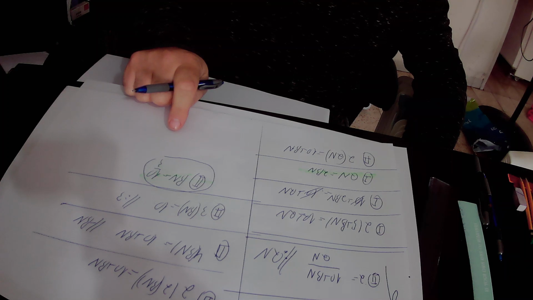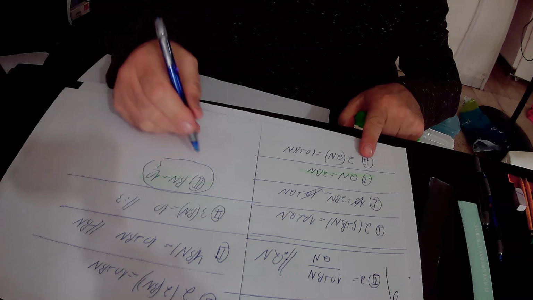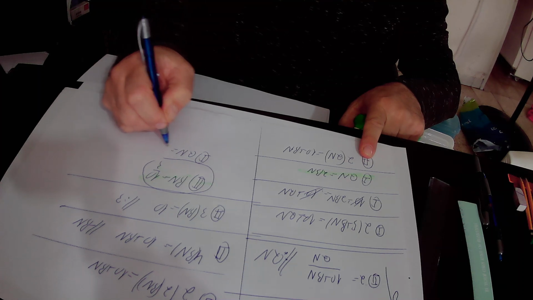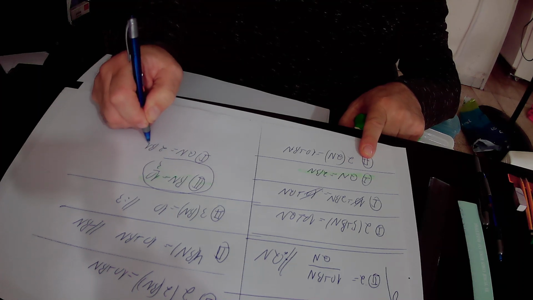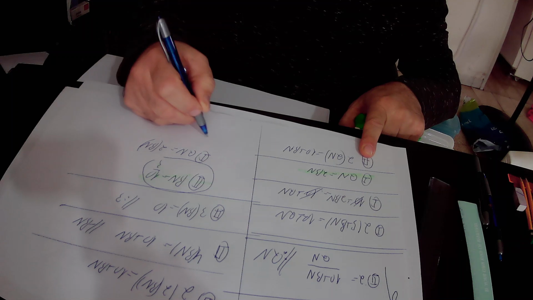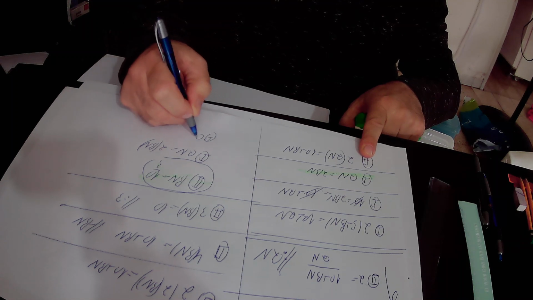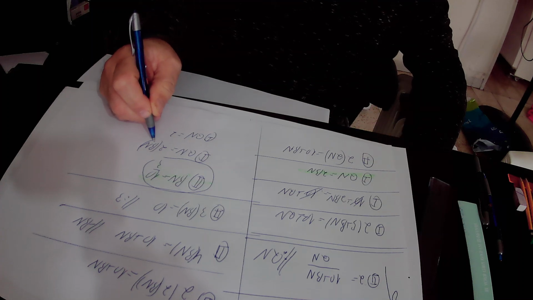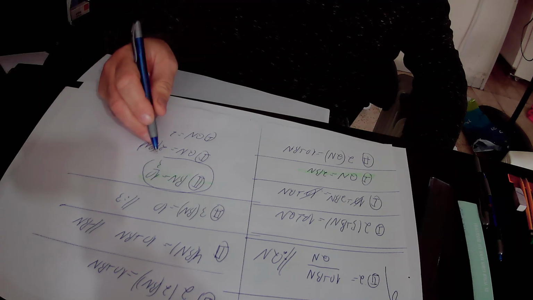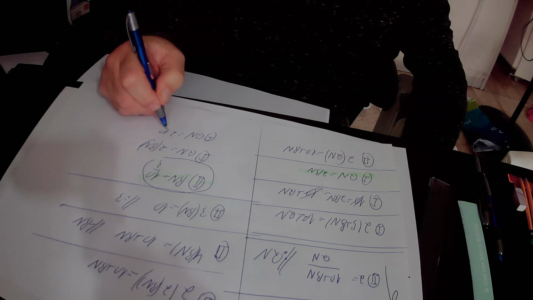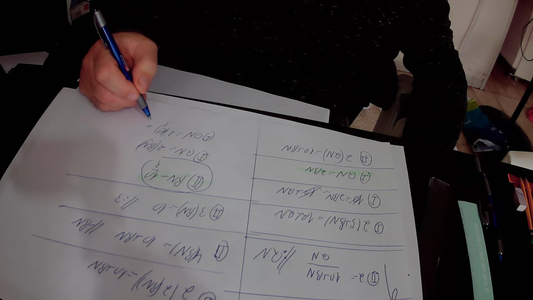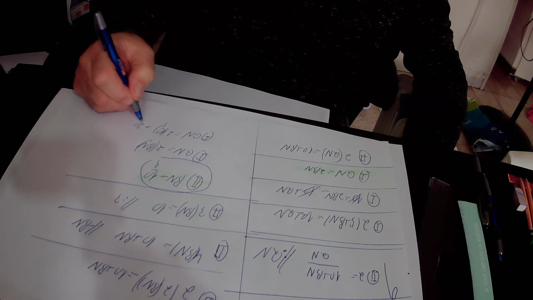Well, according to equation number 1, we have already found out that Qn equals 2 times Bn. And Bn is 10 over 3. So it is 2 times 10 over 3. So Qn equals 2 times 10 over 3, that is 20 over 3.